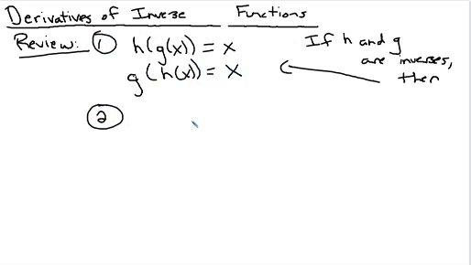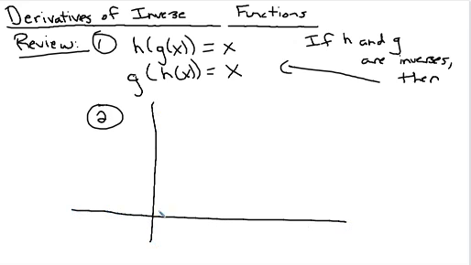is that if two functions are inverses of each other, let's look at a classic example, the square root of x and x squared. These two are inverse functions of each other, and if you remember, they're always reflected across the line y equals x.